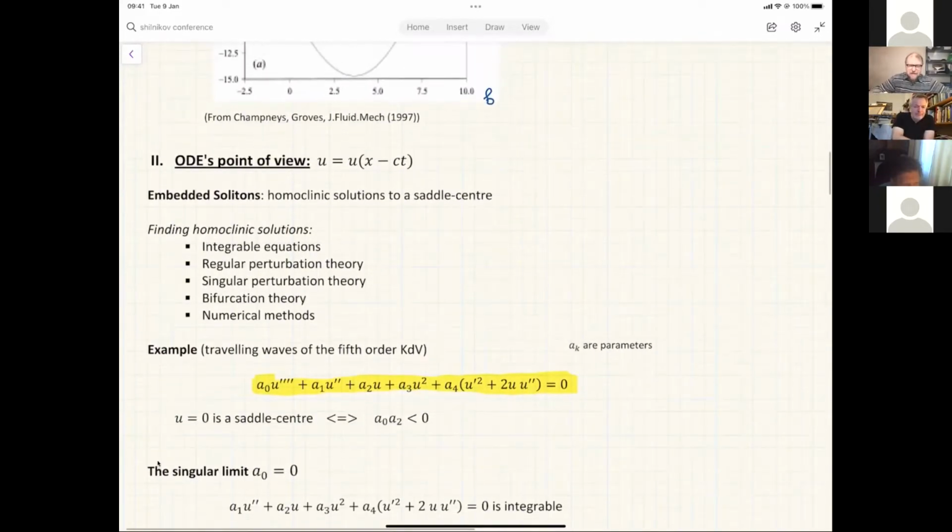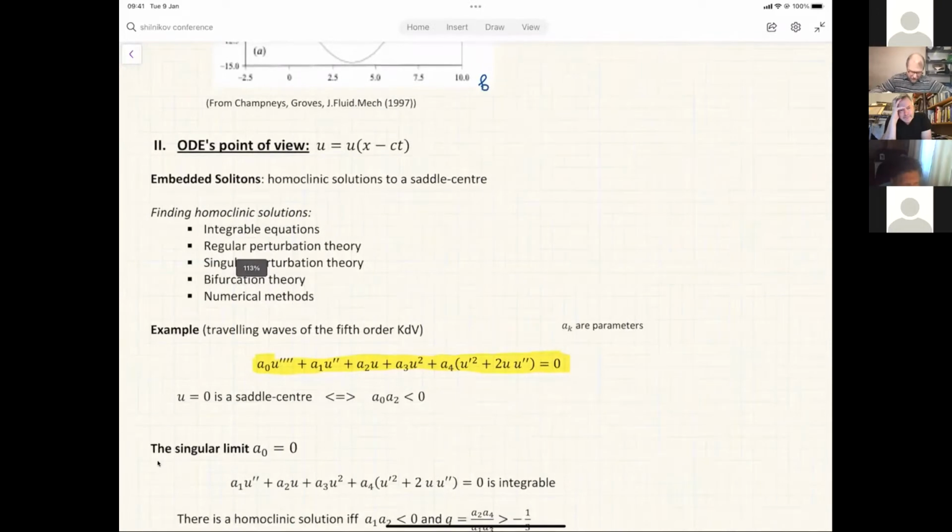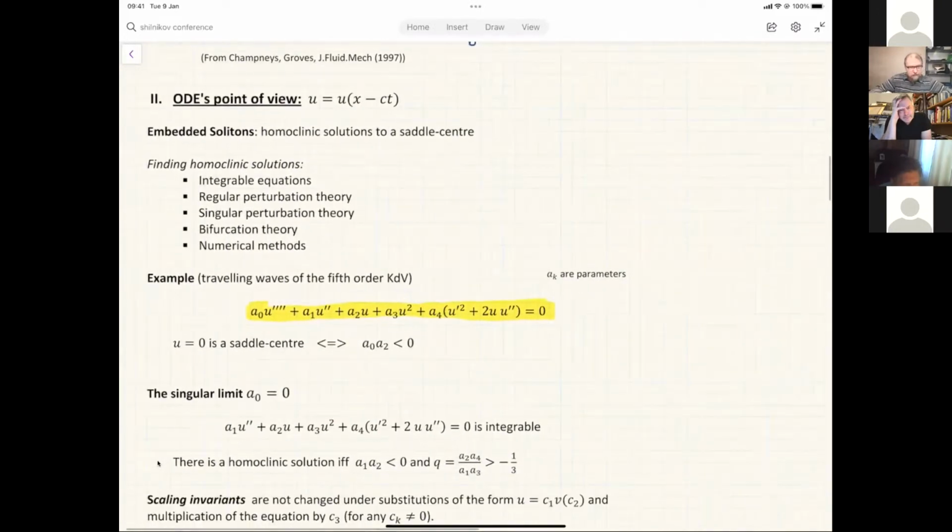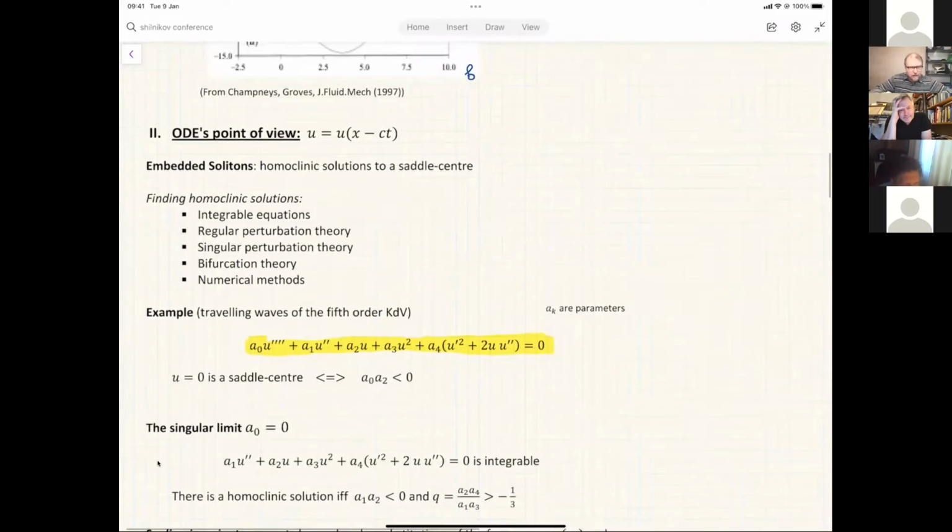So if we study the equation which we get by substituting A equal to 0, then we can check by explicit computation that this equation has a solution if a couple of conditions are satisfied. The first one is that A1, A2 is negative, which means that the origin is a saddle.